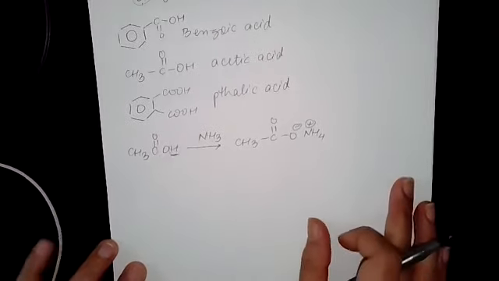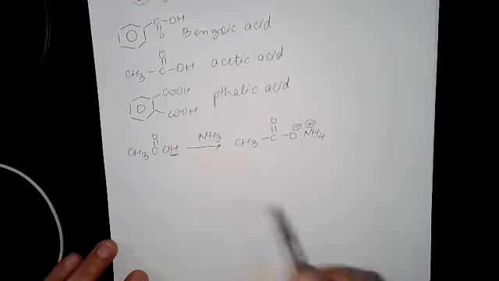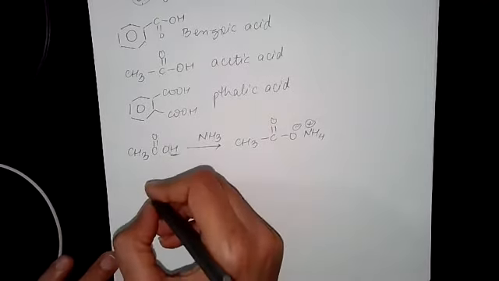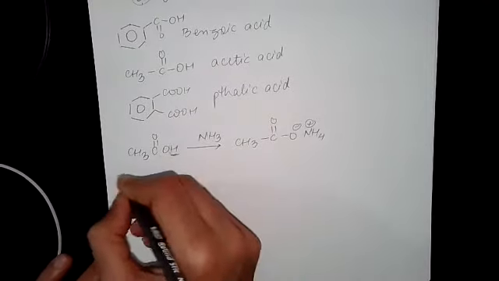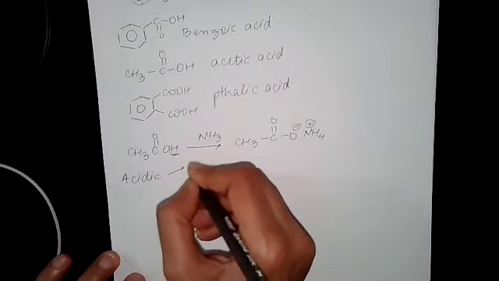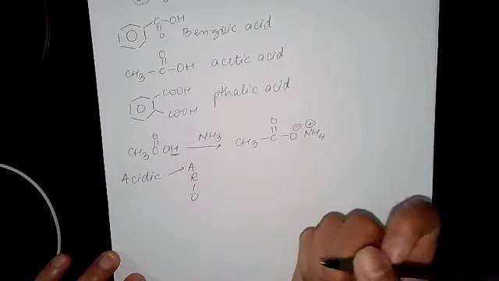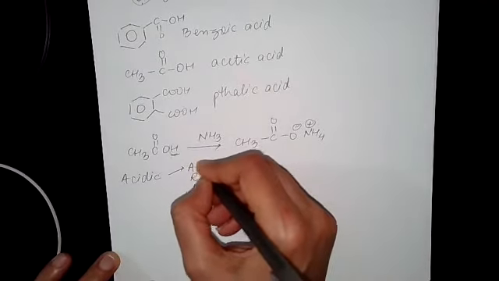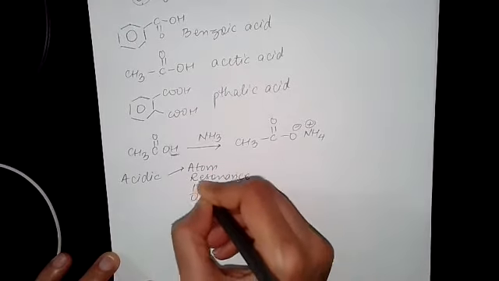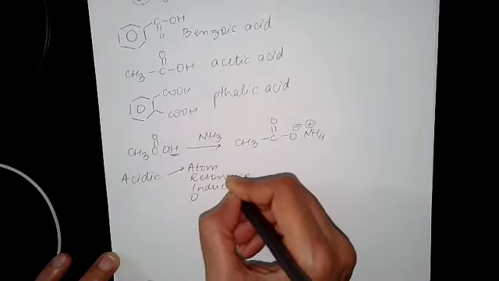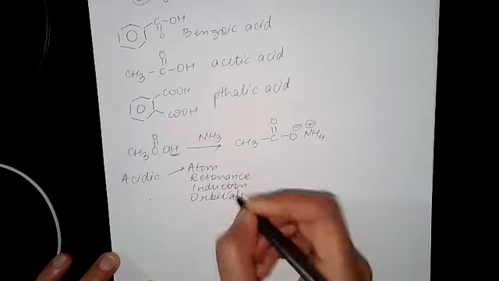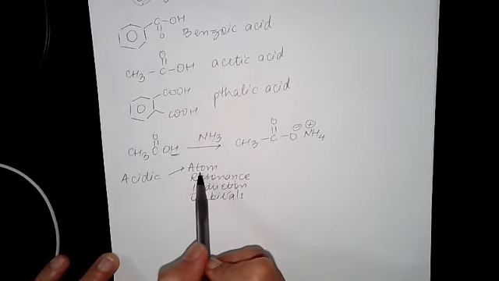You should be able to figure out the acidity of different carboxylic acids compared to each other and compared to other groups also. So remember, whenever we talk about acidity, we always look at the ARIO factor: the atom, possibility of resonance, induction, and orbitals.